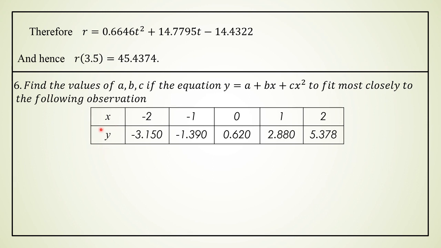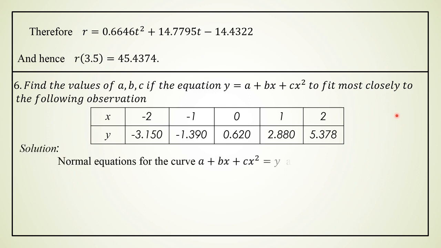The value of y is minus 3.150 when x is equal to minus 2, and y is minus 1.390 when x is minus 1, 0.620 when x is 0, 2.880 when x is 1, 5.378 when x is equal to 2. So just observe the equations. You have to find the values of a, b and c over here.